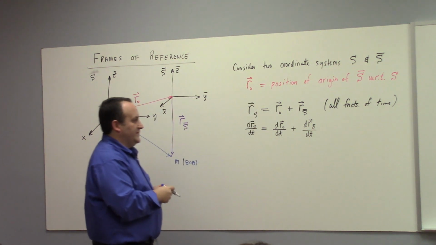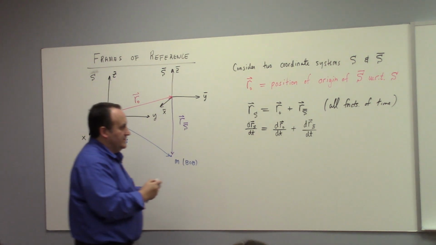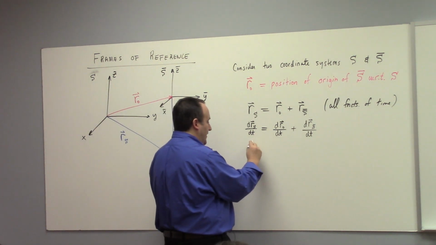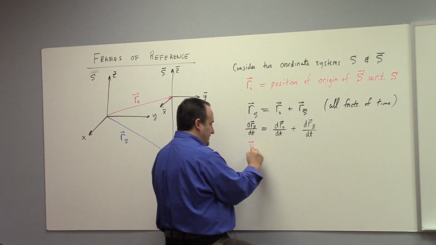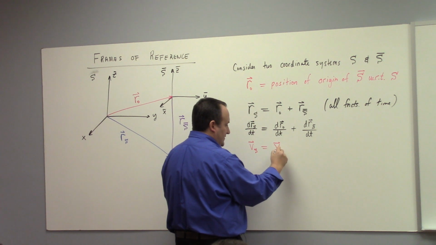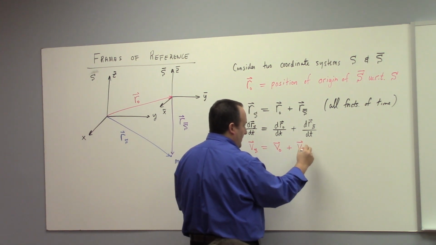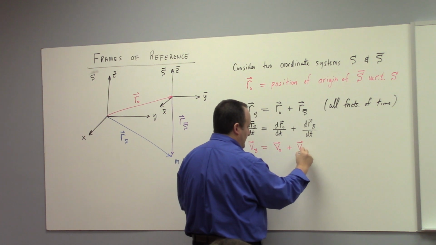But we have other names for these, right? What we're looking at is simply this: the velocity of Bob in the S system is equal to the velocity of the moving coordinate system, S bar, plus the velocity of Bob measured with respect to the moving coordinate system.